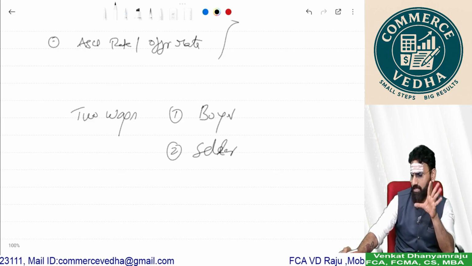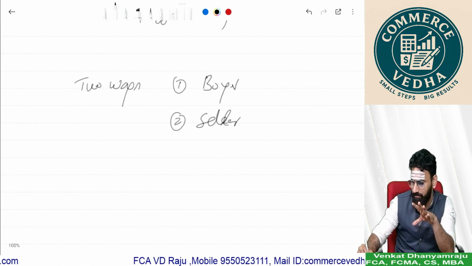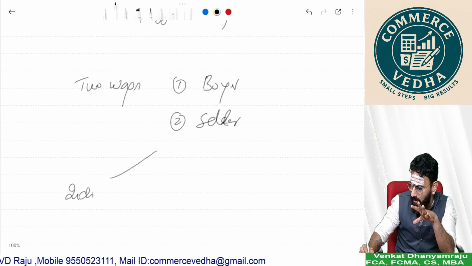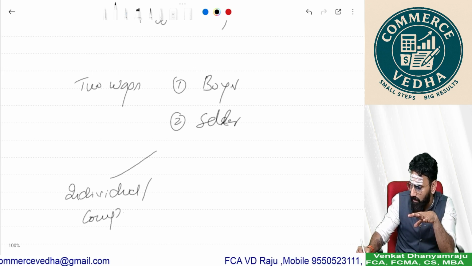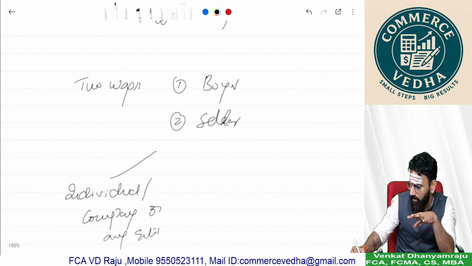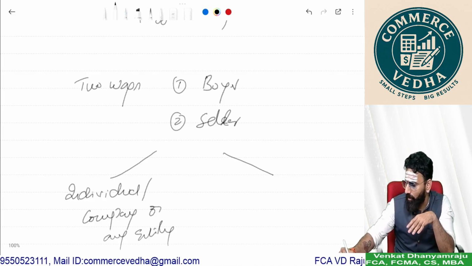That we should understand. Now in this case, of the seller and the buyer, one is an individual or company or any entity, and the other party is the foreign currency dealer.